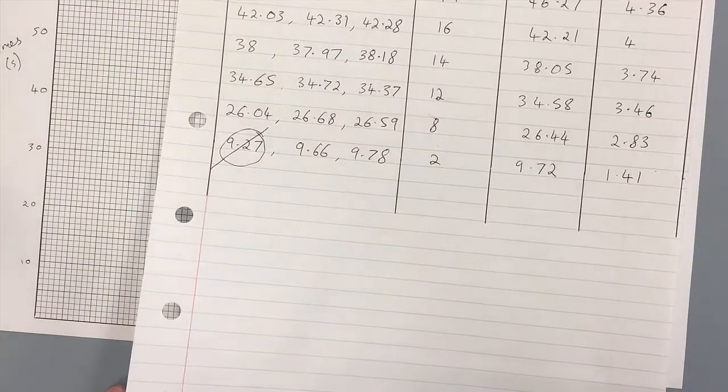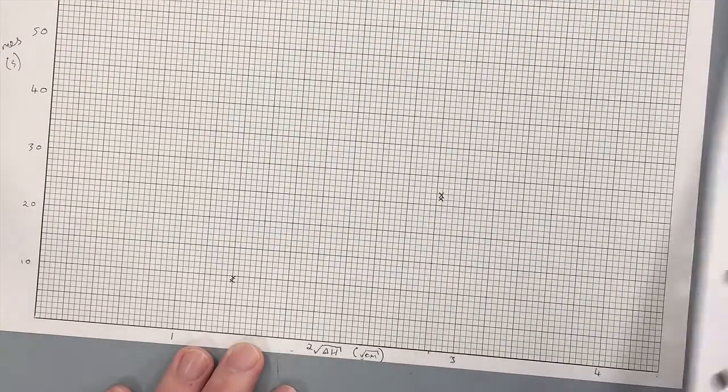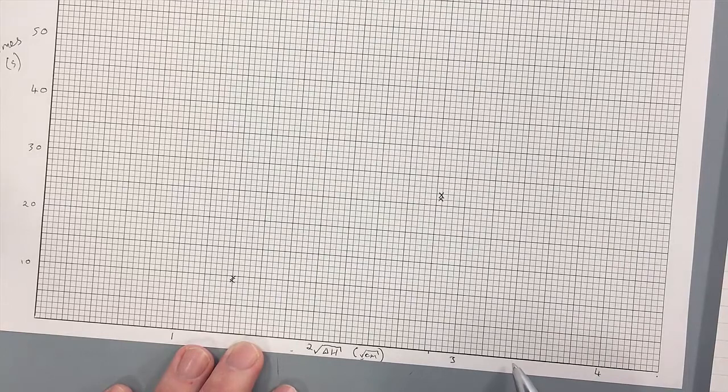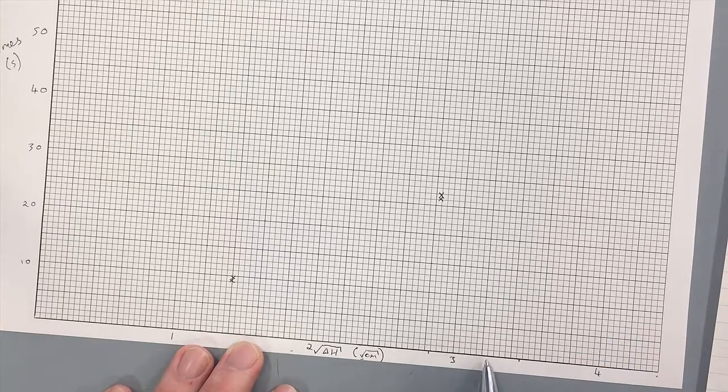Next up, we've got 3.46 as our square root of change in height, and our times are in the 34s. So I'm going to find 3.46, which is going to be just here. So that's 3.2, 3.4, then 3.44, and 3.48.